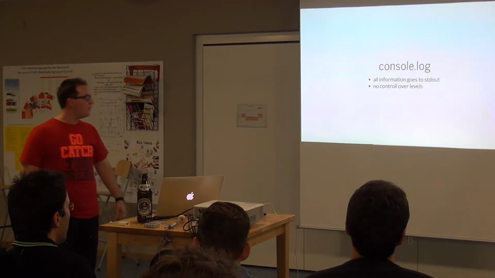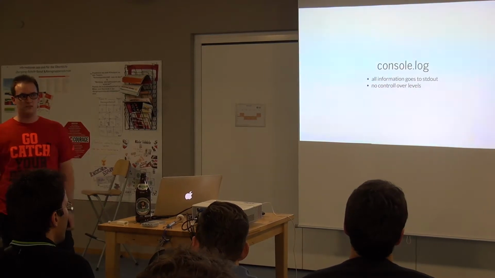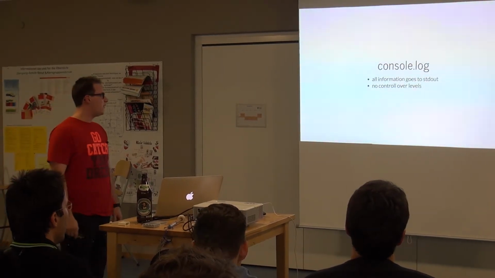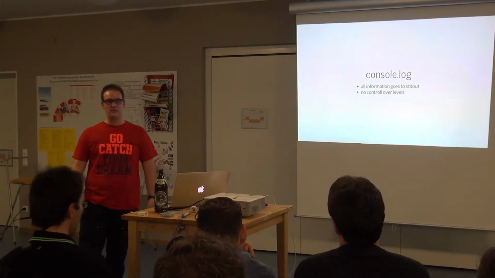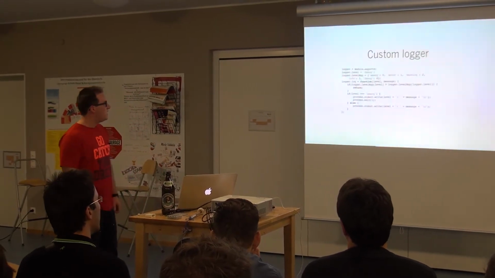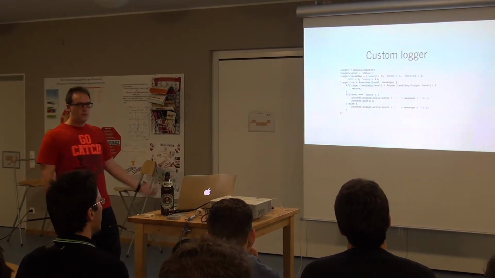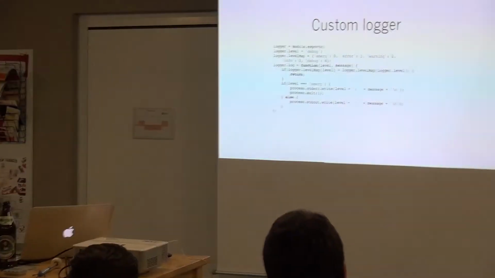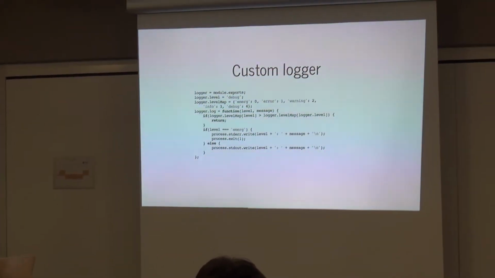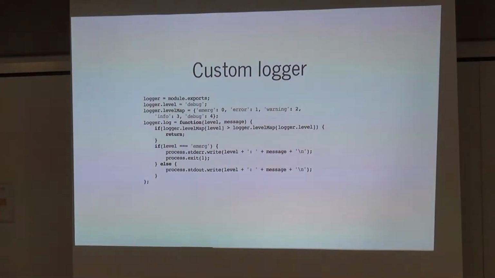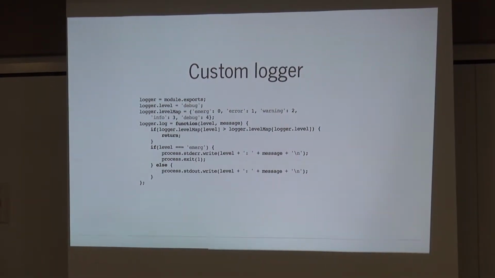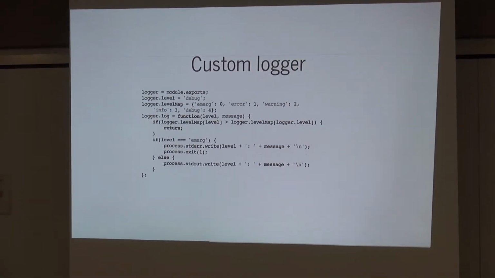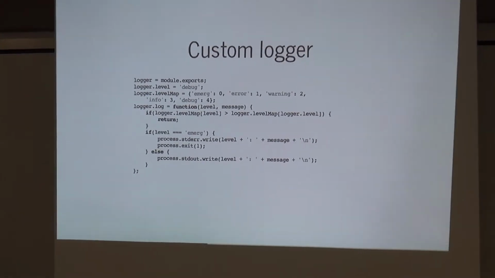There are a few ways. There's first the console log. It's quite stupid. It just logs to standard out. There's nothing really to it. You can't handle the levels or anything. Then you can use a custom logger. In the next code example, I used just a custom logger. What I really like is, for example, to switch between standard error and standard out.